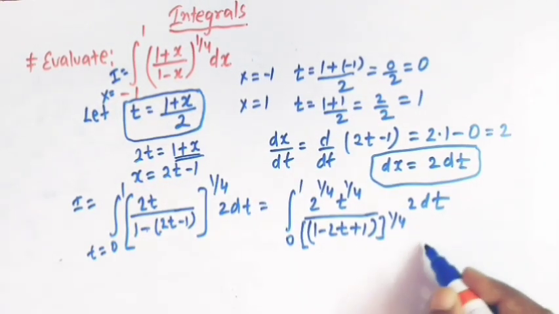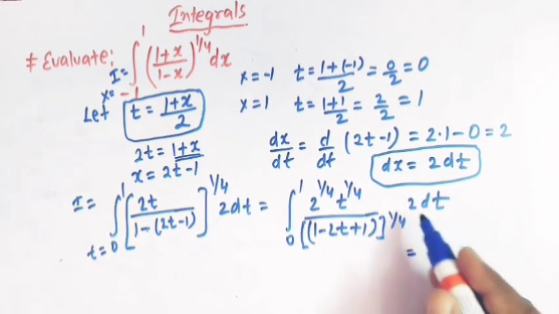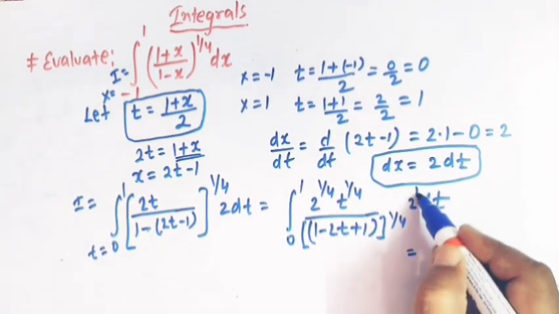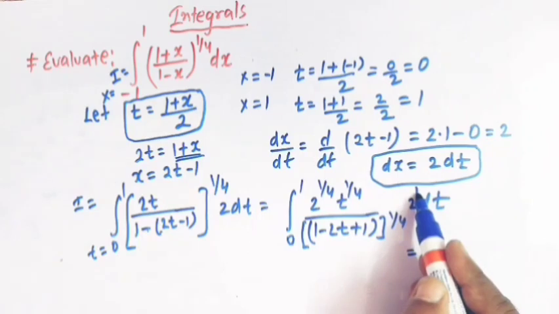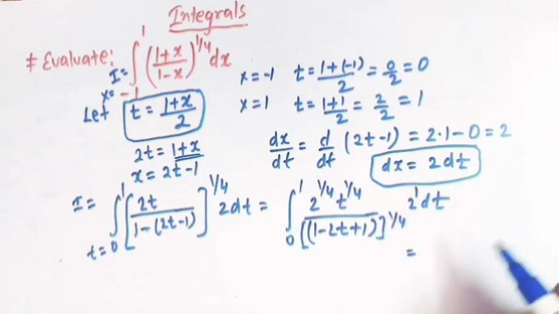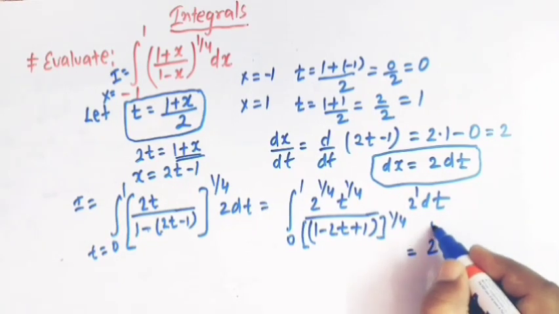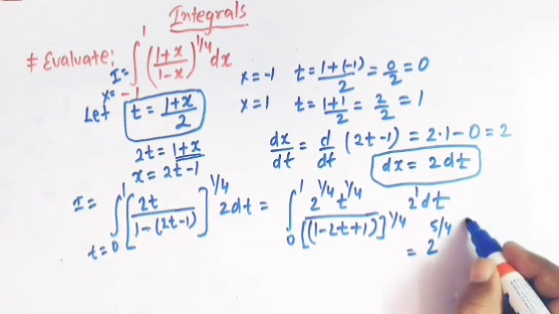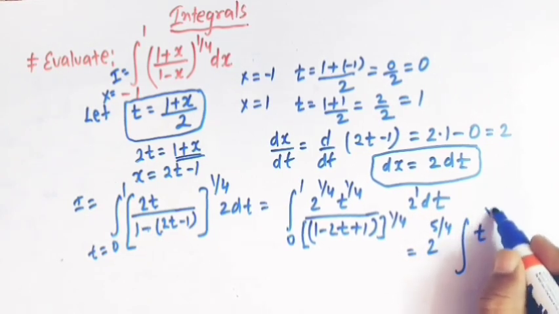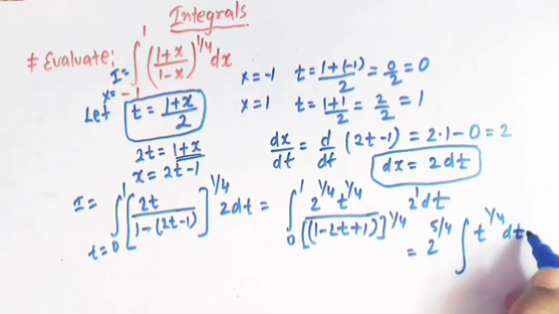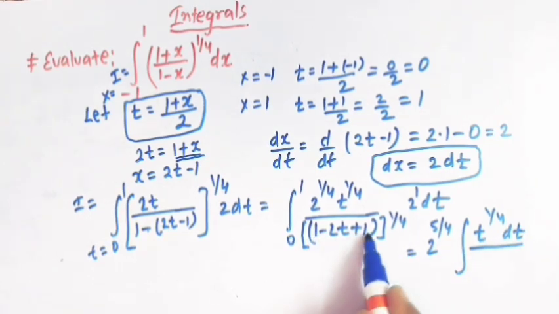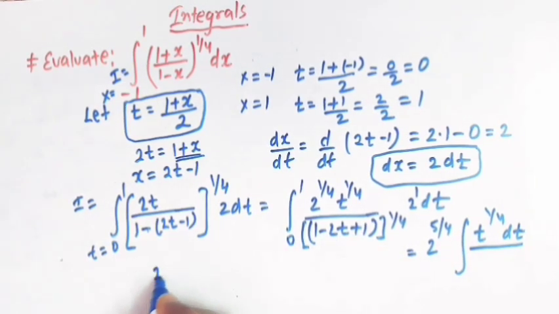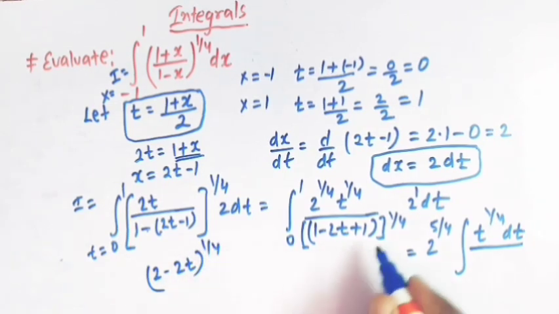So now let us simplify it further. Here we have 2 raised to 1, so 1 over 4 plus 1 is 5 over 4. So we have 2 raised to 5 over 4. And then we have t raised to 1 over 4 dt. And see, here we have 2 minus 2t, right? 2 minus 2t raised to 1 over 4.